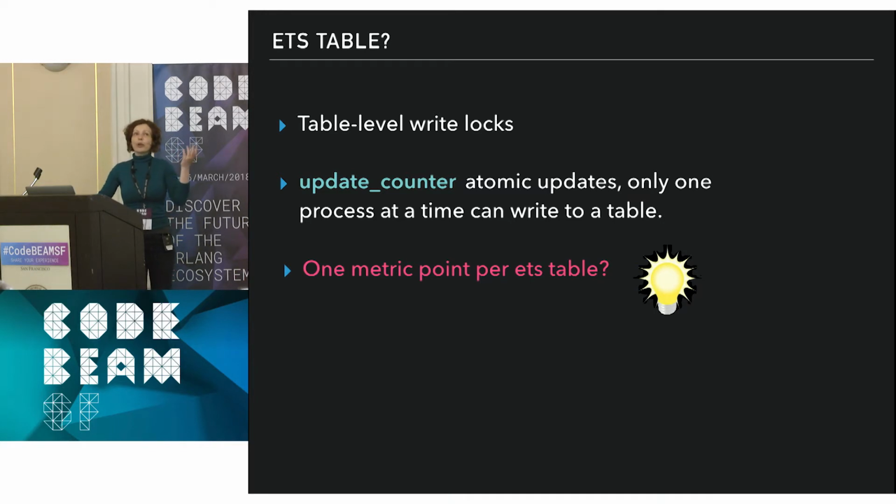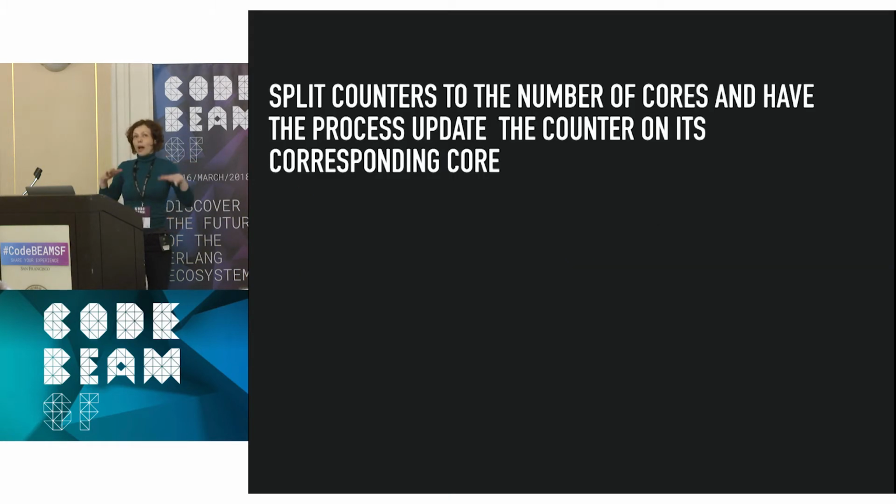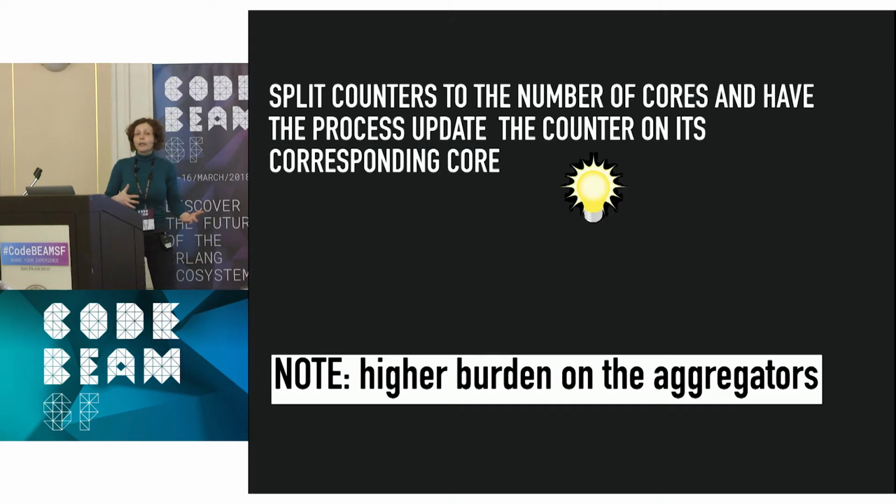So now let's explore ideas that are slightly more generic than just Erlang problems. How about we split our counters per CPU? So every core will have its own counter. It will be a higher burden on the aggregation time, because now you have to add up that number of counters, but that's an aggregation problem.